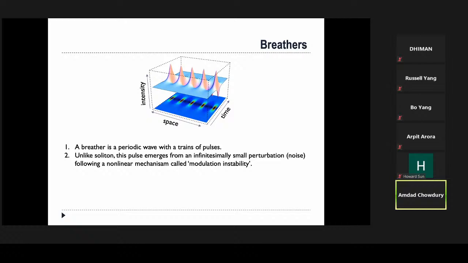So now I'm going to talk about the physical mechanism, the fundamental mechanism that gives rise to this kind of wave in an optical medium.